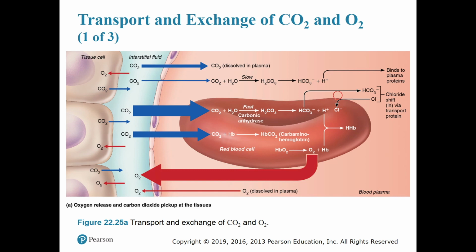At the level of the tissues, we have CO2 that is dissolved in plasma, CO2 that is transformed into bicarbonate and H+, and CO2 that goes into the blood cells, and this is a very fast reaction, and combines with water, and then it becomes carbonic acid, and then it dissociates into bicarbonate and H+.